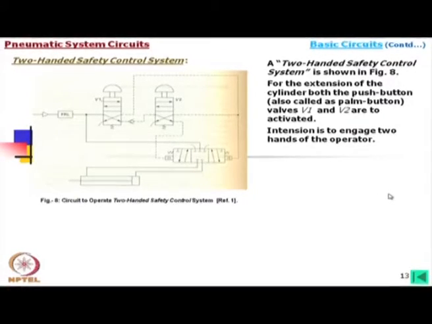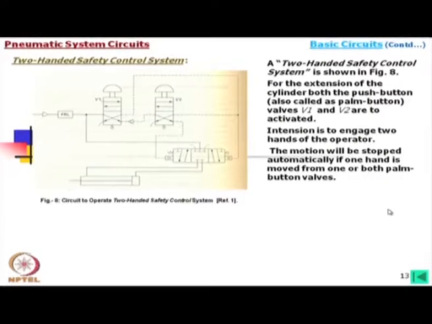The intention is to engage both hands of the operator. The motion will be stopped automatically if one hand is moved, that is, if one or both pump button valves are released.